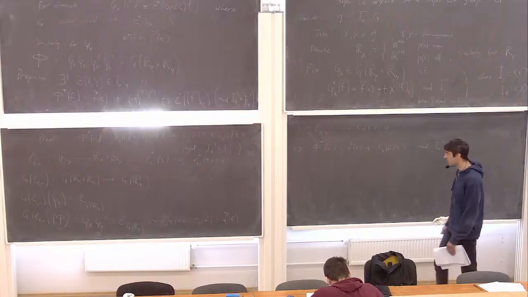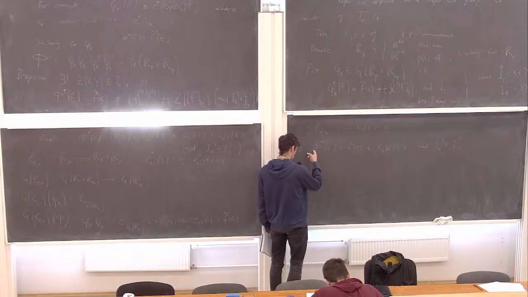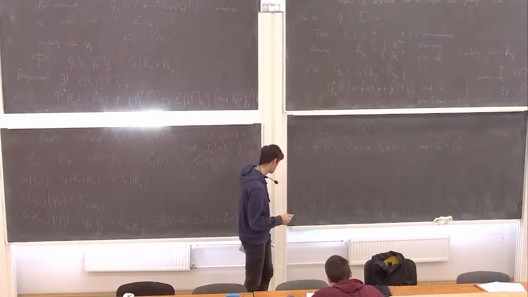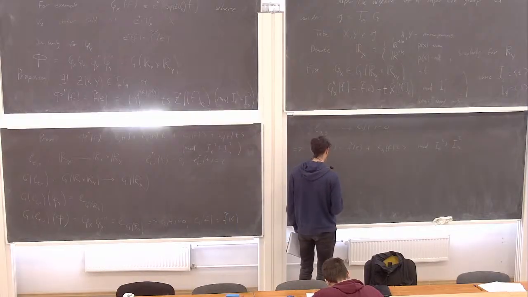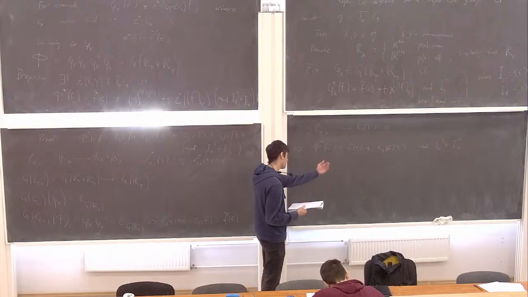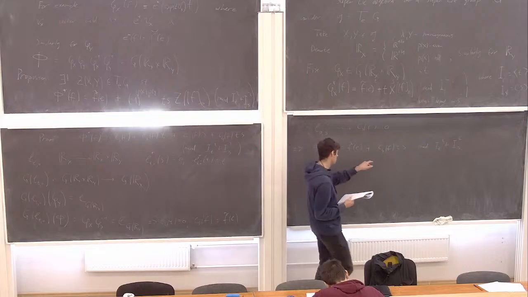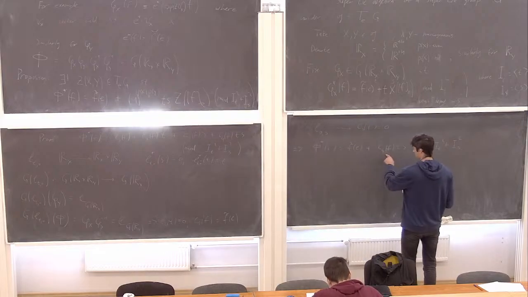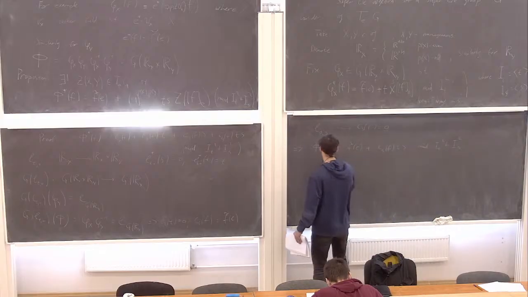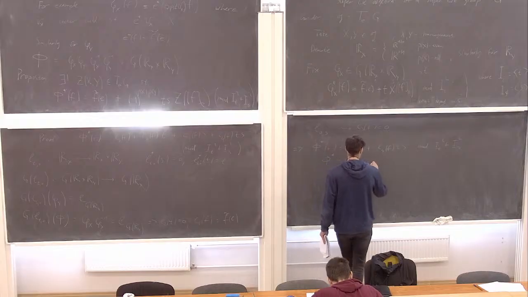But then I need to use the fact that phi star is a homomorphism of rings. It means, so if you, but we did this similar exercise a couple of times already. It means that C4 up to a sign is actually a superderivation. So phi star is a homomorphism of rings.